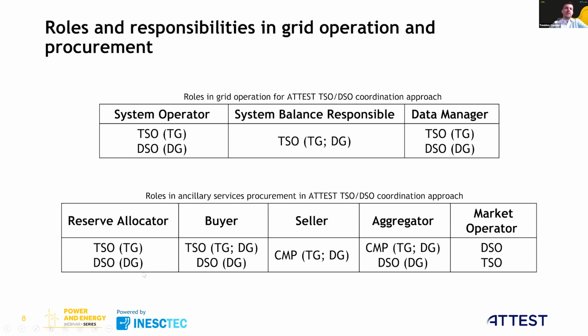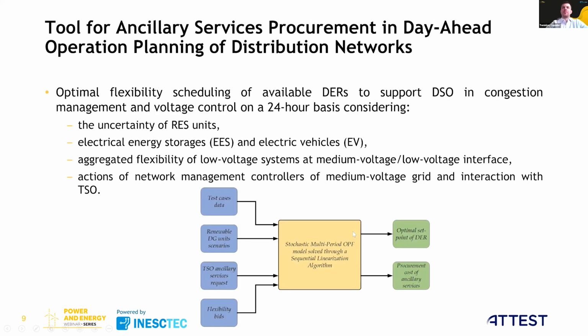Again, in terms of reserve allocation, the TSO allocates reserve in the transmission network or as a feasible range at the interface of the distribution network, but the DSO allocates the reserves to the flexibility users in the distribution network.